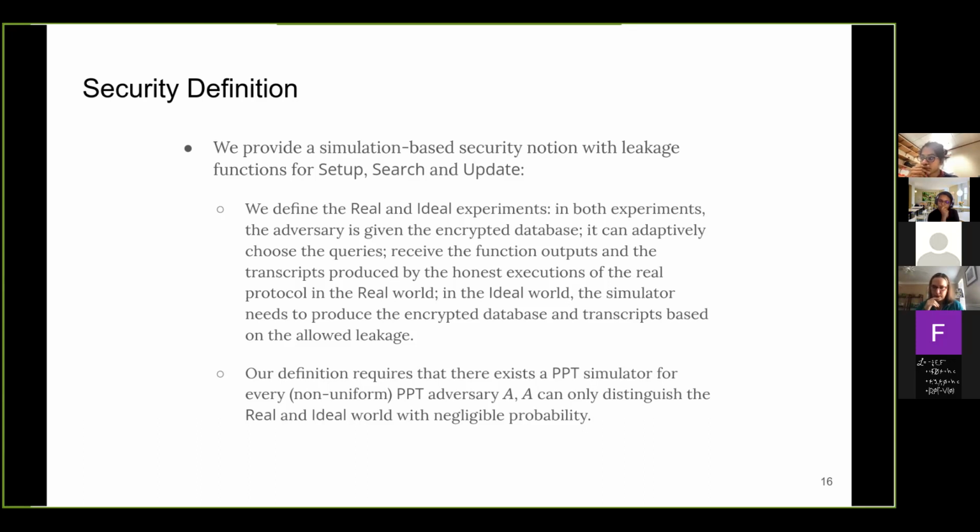Exactly. Essentially, you're actually running the protocol inside of the functionality to create those outputs. That's what we did. And we did it in another, unrelated paper on fuzzy private set intersection, so we encountered the same issue there.